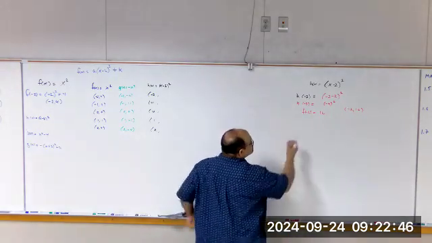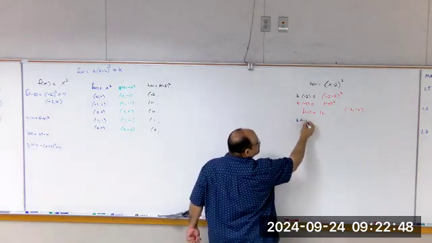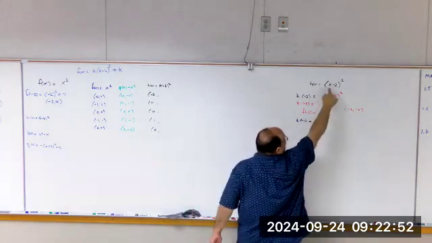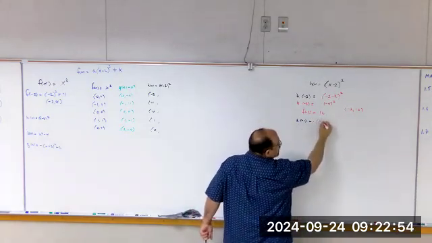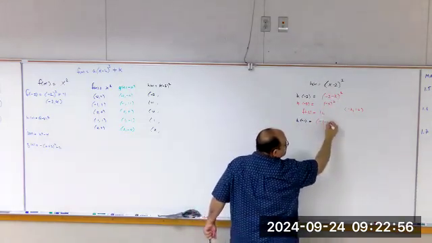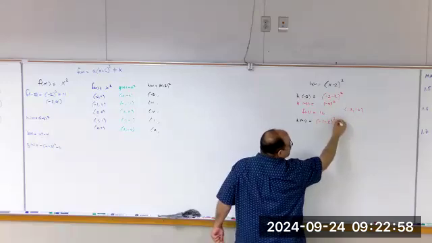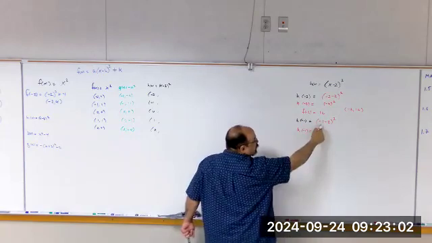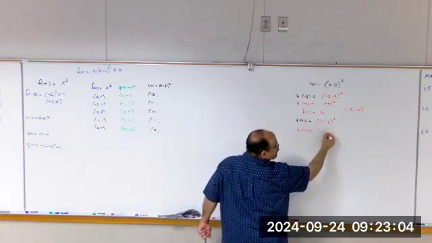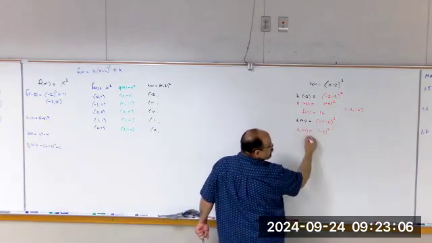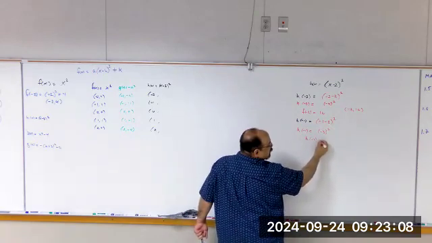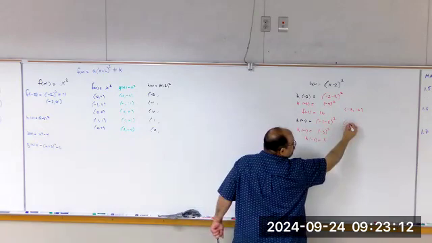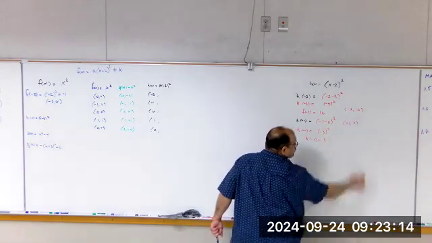Now we substitute -1 in for x: -1 minus 2, and then we square it. So h of -1 is equal to -3 squared, and -3 squared is +9. So when -1 goes in, we get 9.